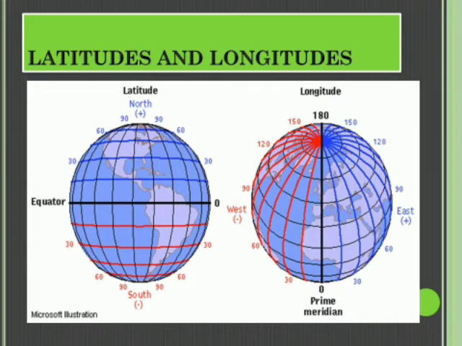And see the red line, it shows the latitudes. And also see the next diagram, the longitudes. Already I said a line runs from the north pole to the south pole, so it takes 180 degrees. Here also it is divided by a center line, which we call the prime meridian.